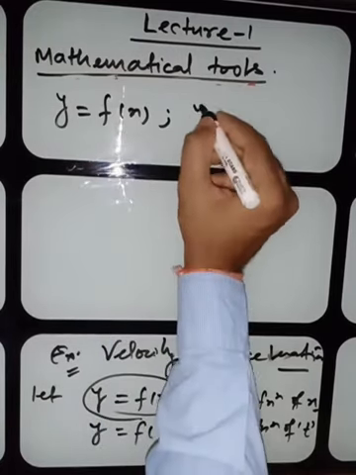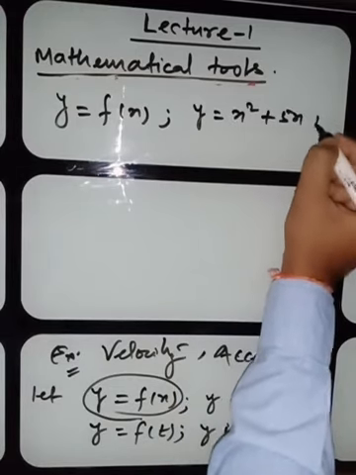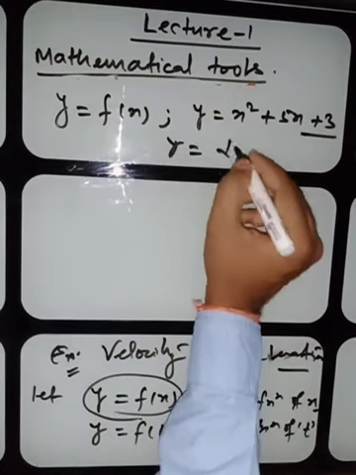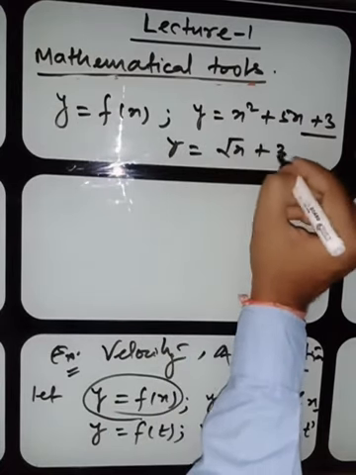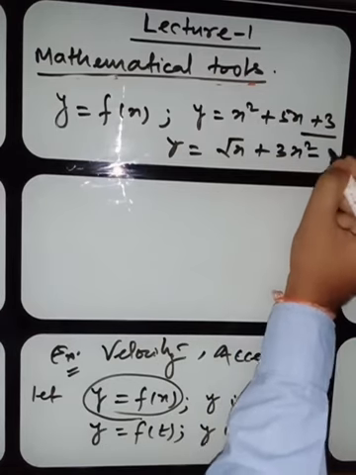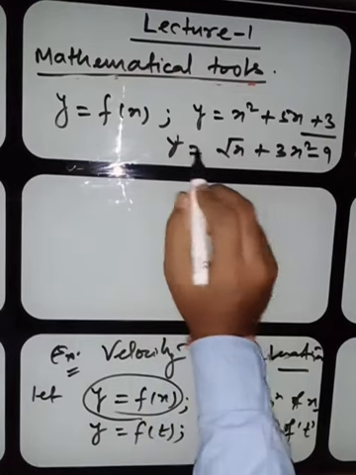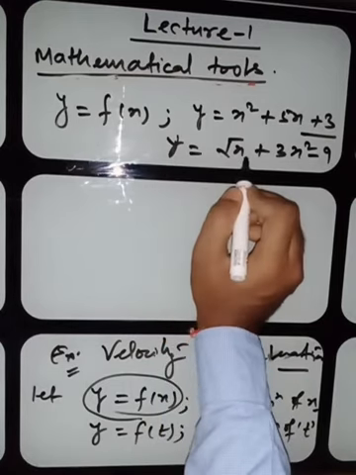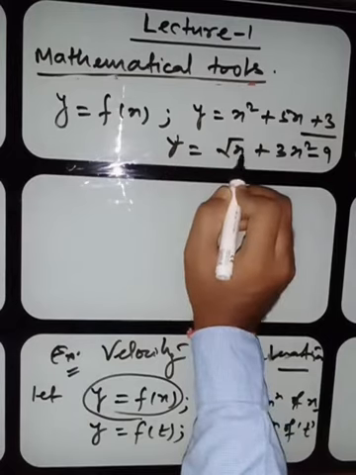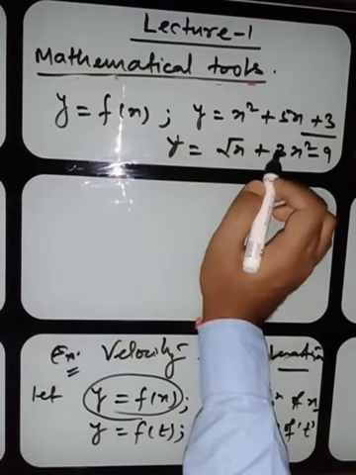For example, y is equal to x square plus 5x plus 3, and another example, root under x plus 3x square minus 9. Here you can see y depends on x, and y is having only one variable, x. So x will change and it will give the result of y.